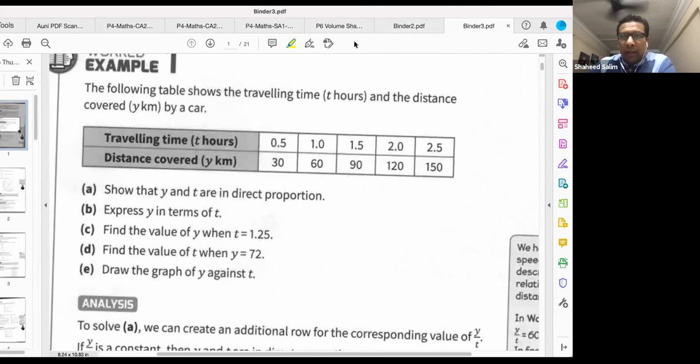Okay, so again, if you are confused, what's unknown? One is y, one is t. So this x now you change to t. And then remember you need to have the k. Can you write what's the formula for direct proportion? Blank equals to blank blank. Can you write down the equation, please?